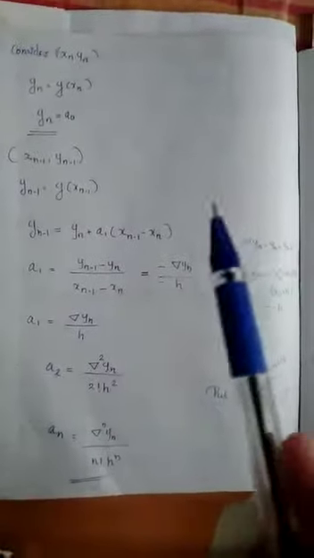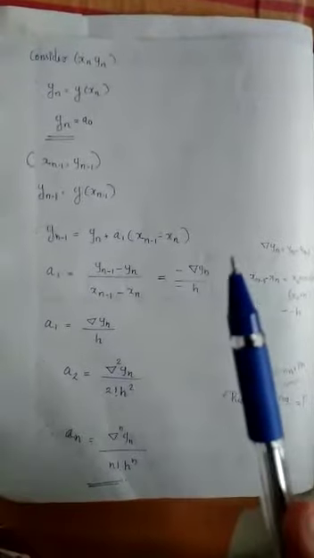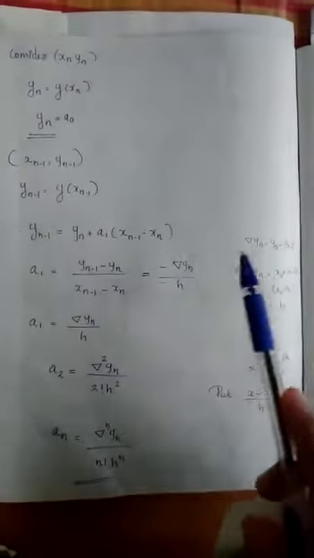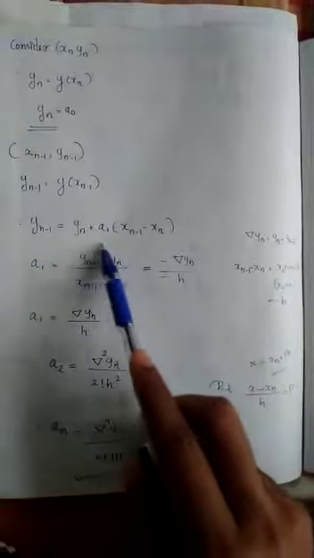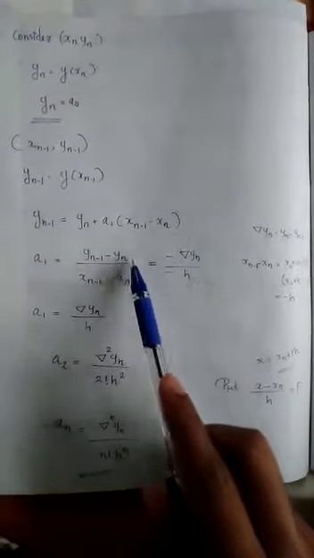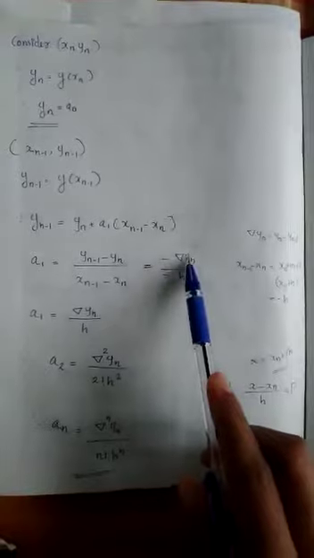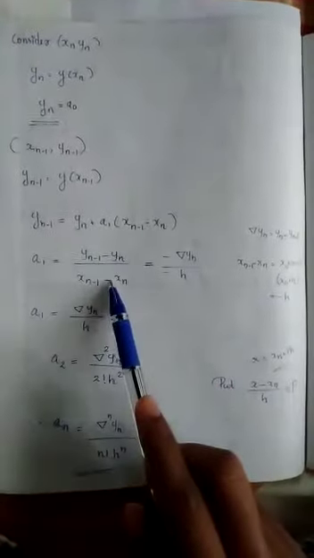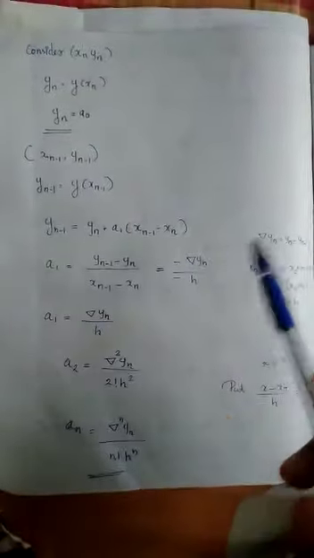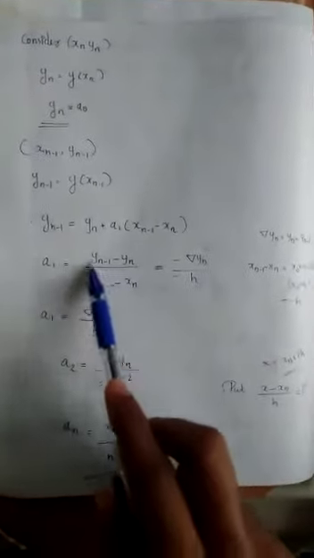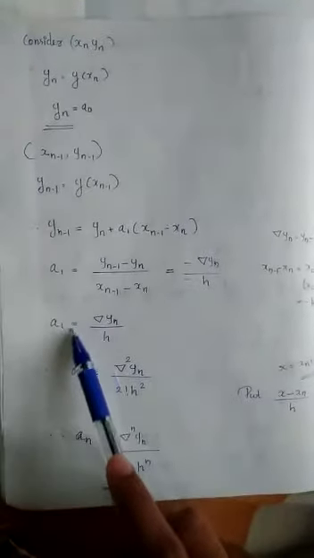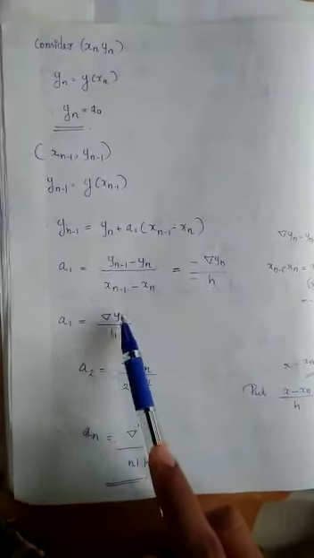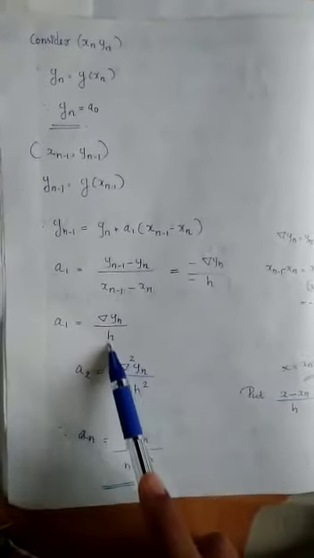We know that yn minus 1 minus yn is minus the backward difference operator yn. And also we know that xn minus 1 minus xn is minus h. So a1 is equal to backward difference operator yn divided by h.